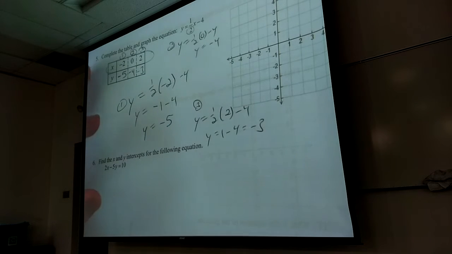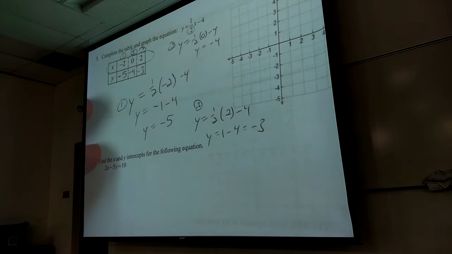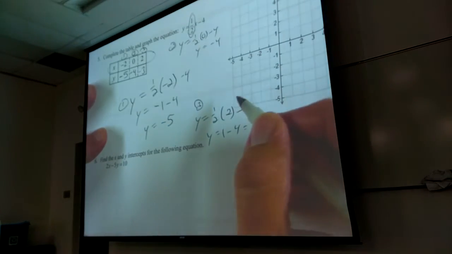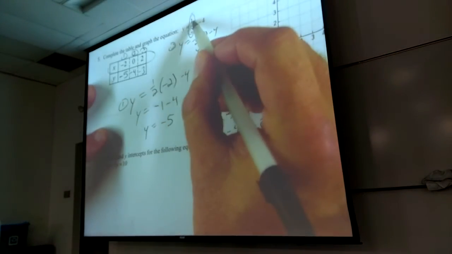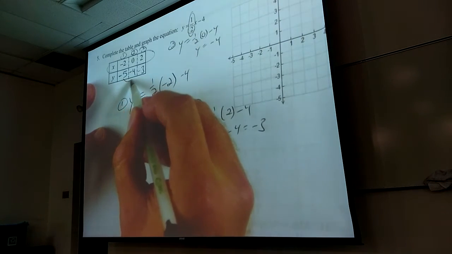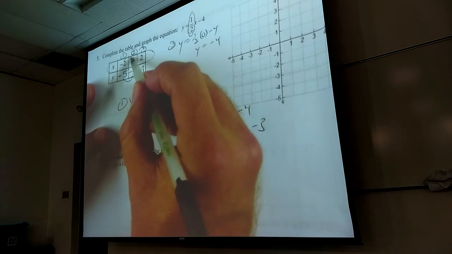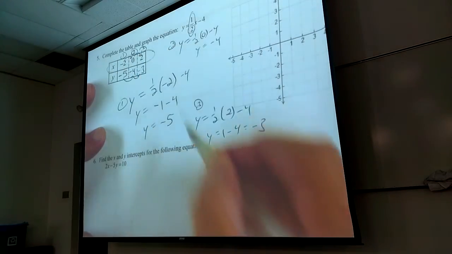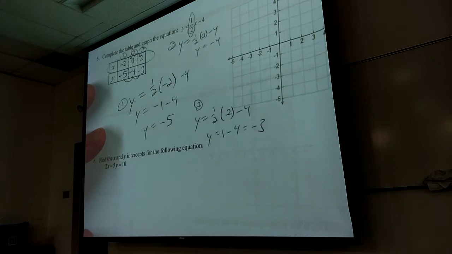Of course, we know some stuff about slope now. What does that slope tell me should happen? Every time I go up 1, I should go over 2. So look, the y's went up 1, the x's went over 2. The y's went up 1, the x's went over 2. You can see that happening in the table.